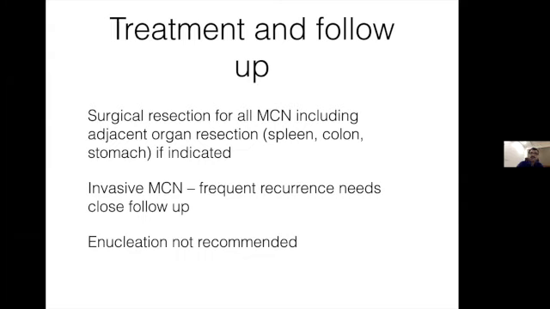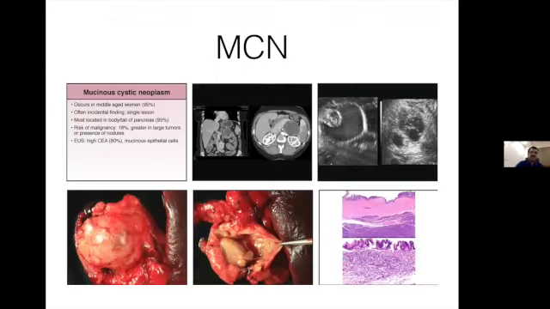A close follow-up is actually indicated in these patients. You never try an enucleation in a patient suspected of mucinous cystic neoplasm. So this is in a nutshell about mucinous cystic neoplasm occurring predominantly in females in their 40s and 50s, and you have to do a resection always.